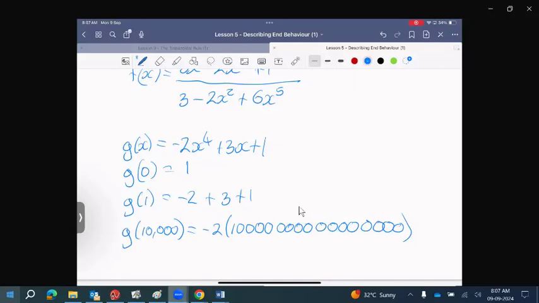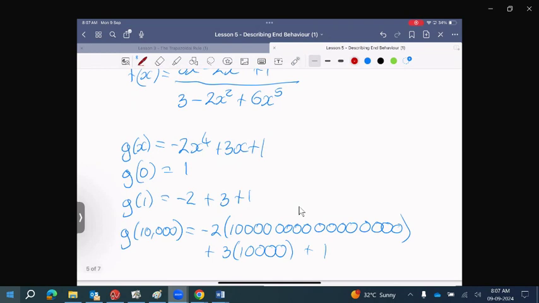So I'm going to get this number plus 3 times this number plus 1. Now, how important is that plus 1 in this number? It's not very important at all.